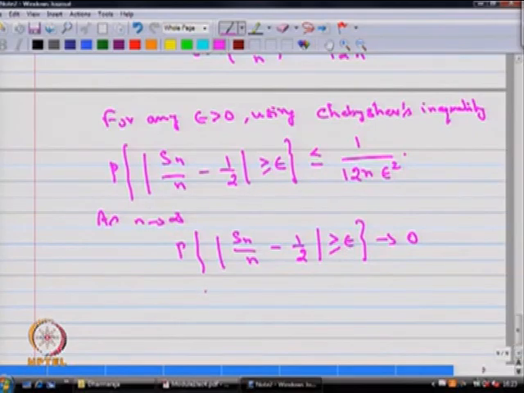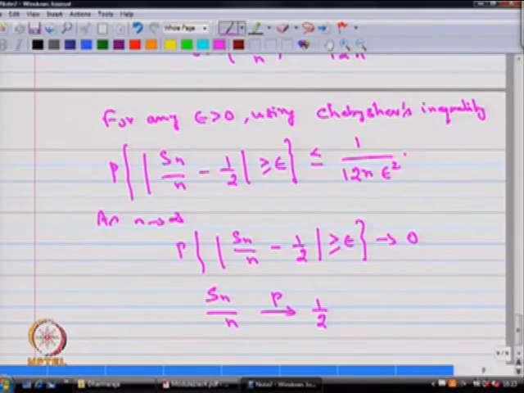That is nothing but S_n by n tends to the value 1 by 2, and this convergence takes place in probability. This sequence of random variables S_n by n converges to 1 by 2 in probability.